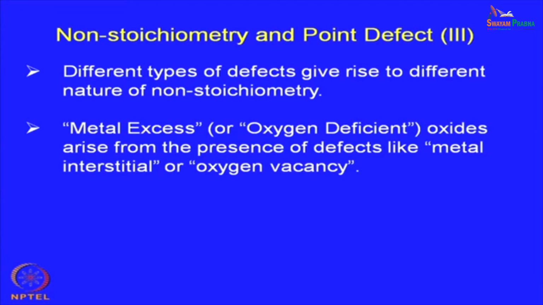If one is metal excess, one can also express the same thing as oxygen deficient, and again these can arise from both parameters, metal interstitials or oxygen vacancies. For a metal excess oxide, there can be metal interstitials, additional metal ions introduced inside the lattice, or if oxygen vacancies have been created, that will lead to the same effect.